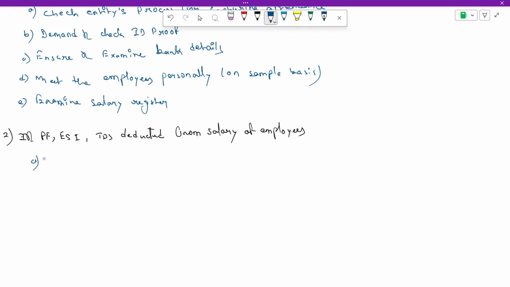First of all, recompute by applying rate.